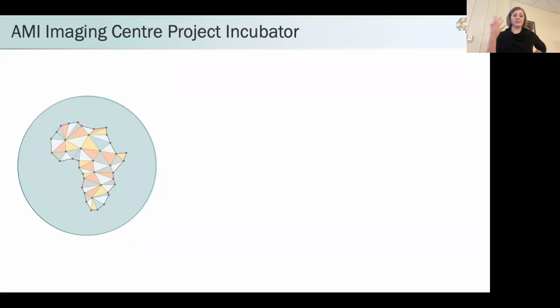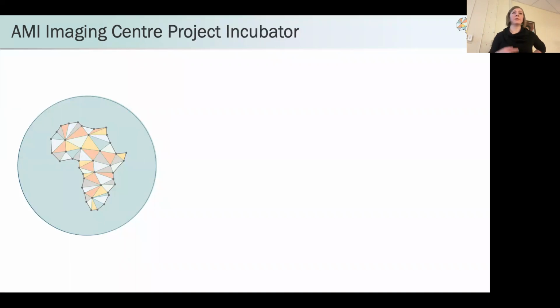So I mentioned that there's also a project incubator program. The idea behind that is if we identify high value projects that could benefit from additional visits to the imaging center, they are not limited to only coming for a few weeks.